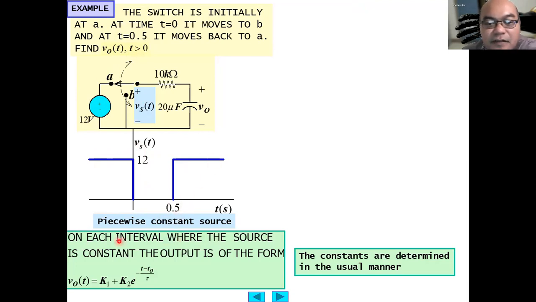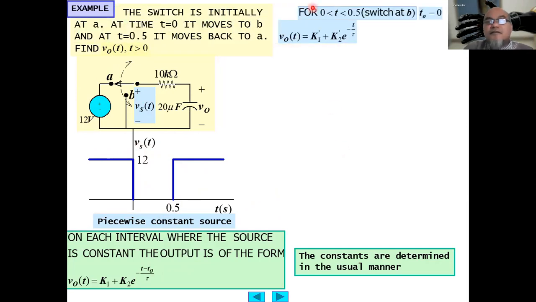On each interval where the source is constant, the output is in this form. And the constants are determined in the usual manner as before. For t larger than 0 until 0.5, the switch is at B. The solution is like this.